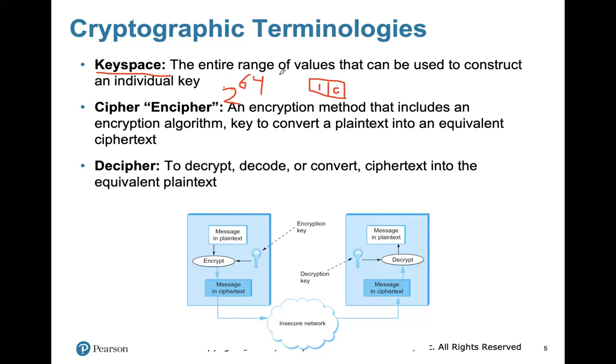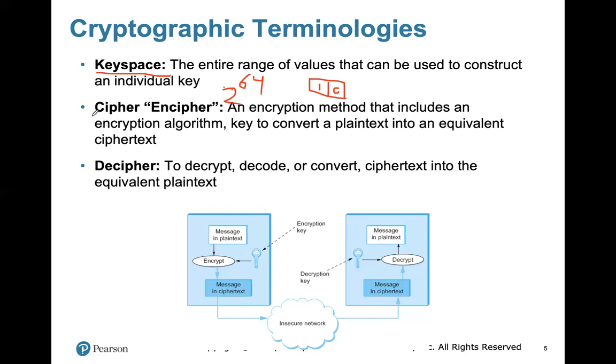So all 2 to the power of 64 keys, the attacker tries to apply all of them to see if he or she can decrypt the data, which, if successful, means that he or she has broken into our system. But for that type of attack, it's important to see what the key space is. So the bigger the key space, the safer or more secure the system is.